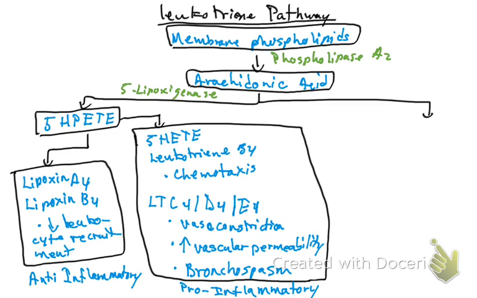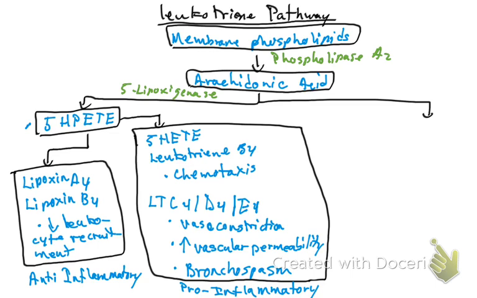How can you remember? HPETE has the letter P because it says I'm against the pro-inflammatory. And who is the pro-inflammatory? The 5-HETE, which is leukotriene B4, responsible for chemotaxis, and leukotriene C4, D4, and E4, which cause vasoconstriction, increase vascular permeability, and are inflammatory.